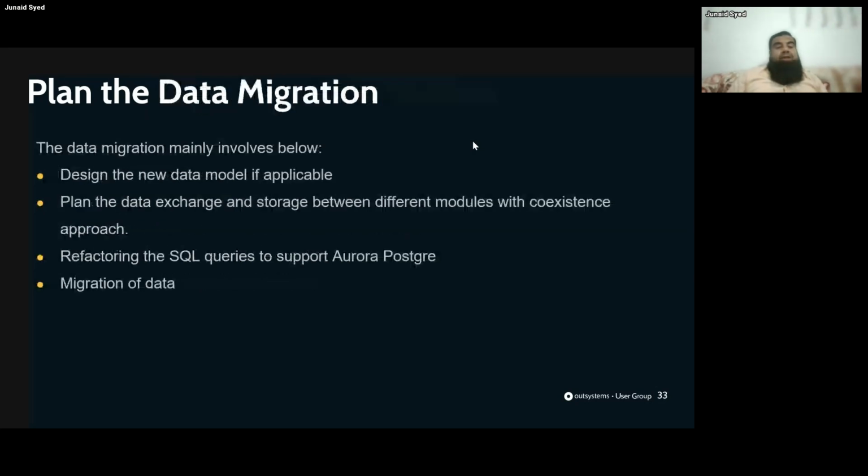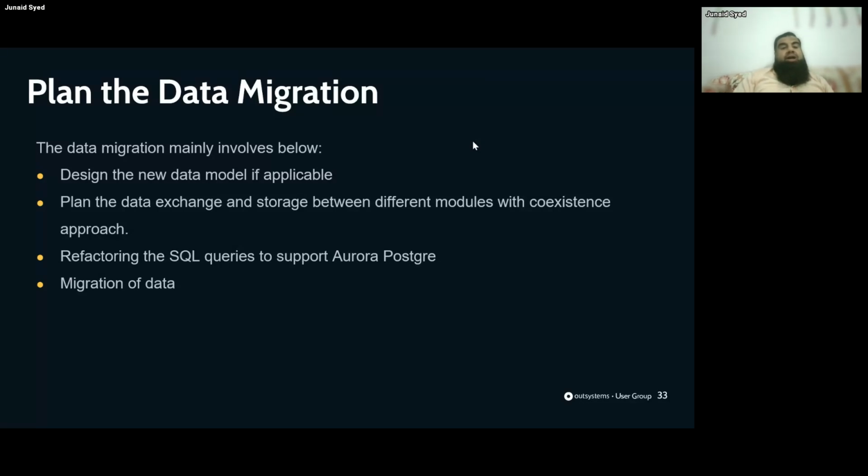And then the data migration. So obviously the planning for the data migration. In our case, we had to come up with the new data model. Then we need to ensure that the data exchange happens between different modules, not only within ODC but also between ODC and O11, right? Because we picked up the coexistence approach.